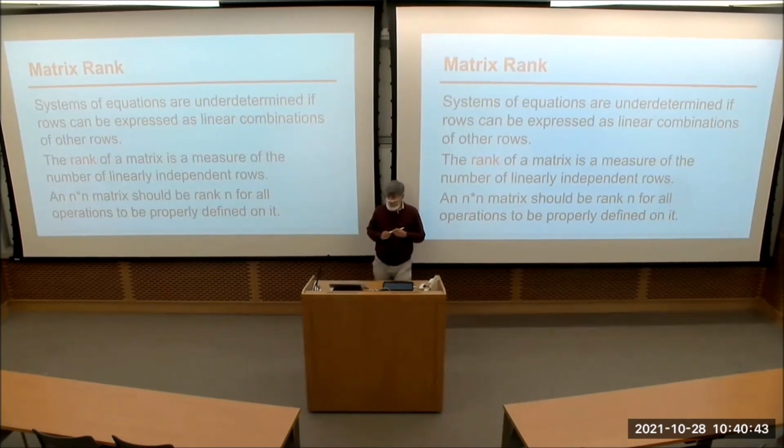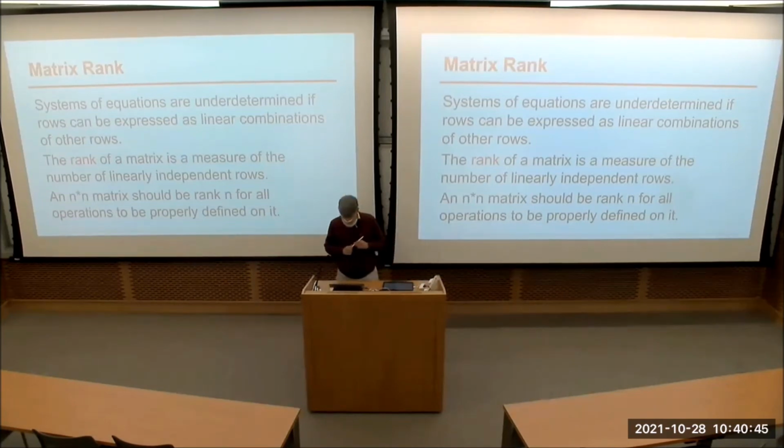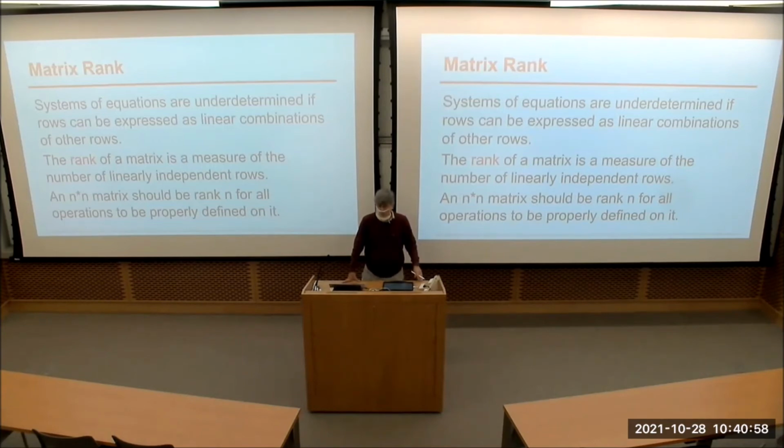Now we saw before that we could sometimes get matrices whose inverse was undefined. If we had a matrix where two rows are the same, again, what did we know about systems of equations?